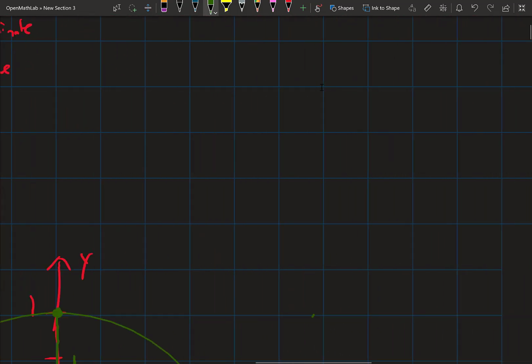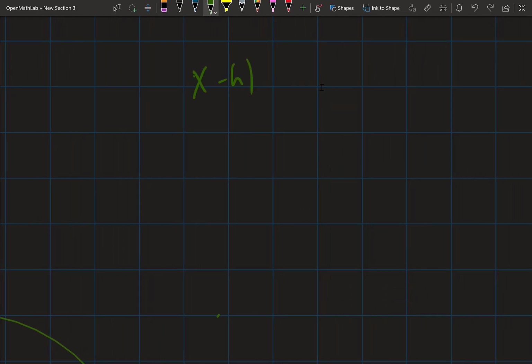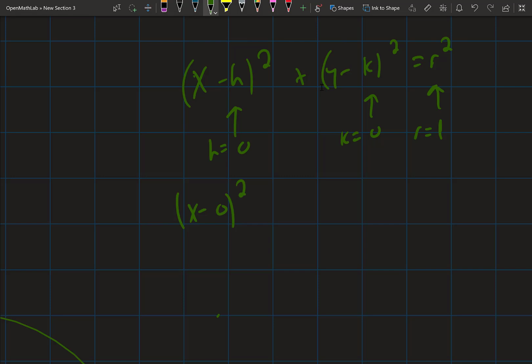And if you don't see that, I can just write this out for you really quick. Right? So this was 0, this was 0, this was 1, plugging those values in. So then we'd have x minus 0 squared plus y minus 0 quantity squared equals 1 squared. So as I said, this would reduce down just to be x squared.